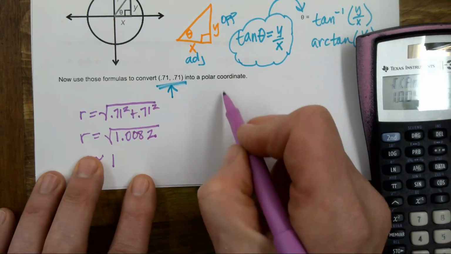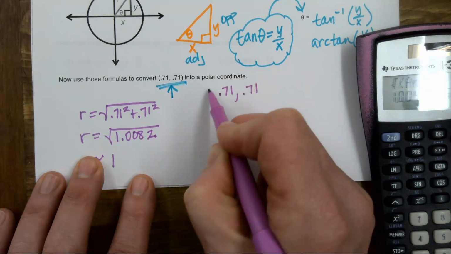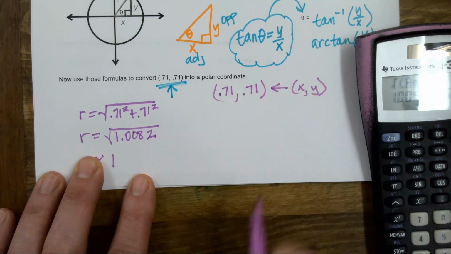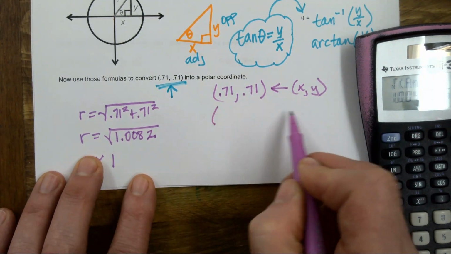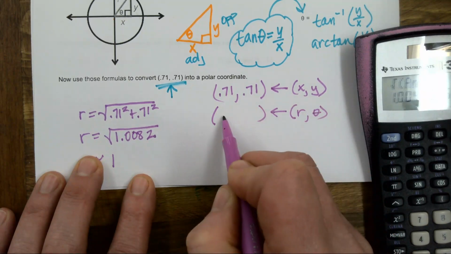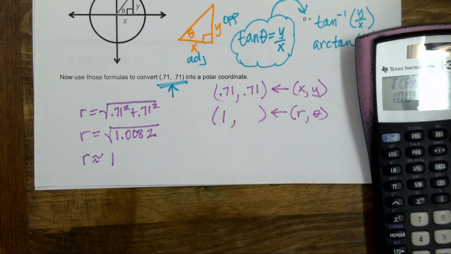So if my xy coordinate is 0.71, 0.71, then my r theta coordinate has a radius of 1. And now let's find our theta.